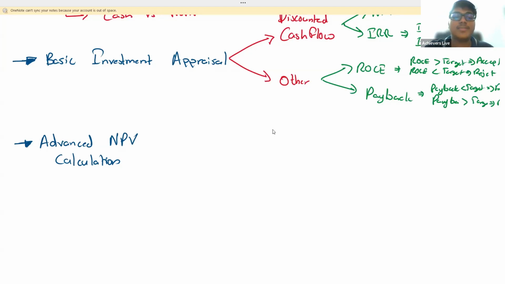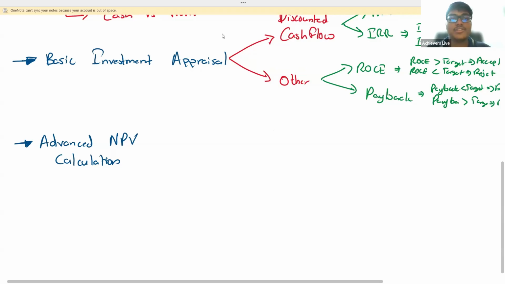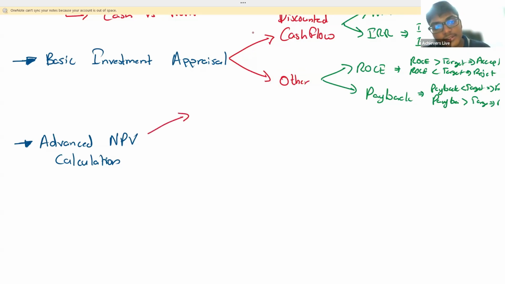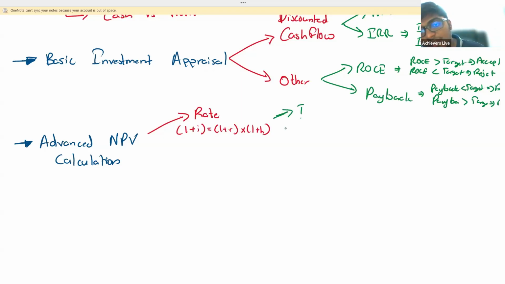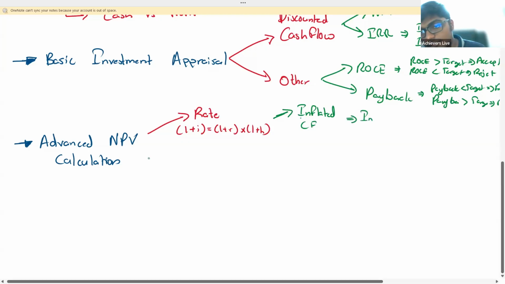Under the advanced NPV calculation, the first thing which you have to remember is rate adjustment. For that, we are using the formula 1 + i = (1 + r)(1 + h), Fisher's formula. So you have to remember: if you are using inflated cash flows, you have to use the inflated rate.